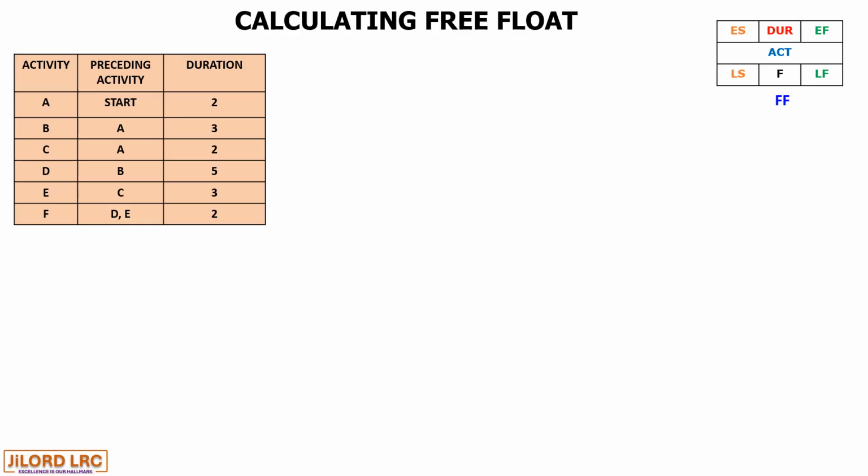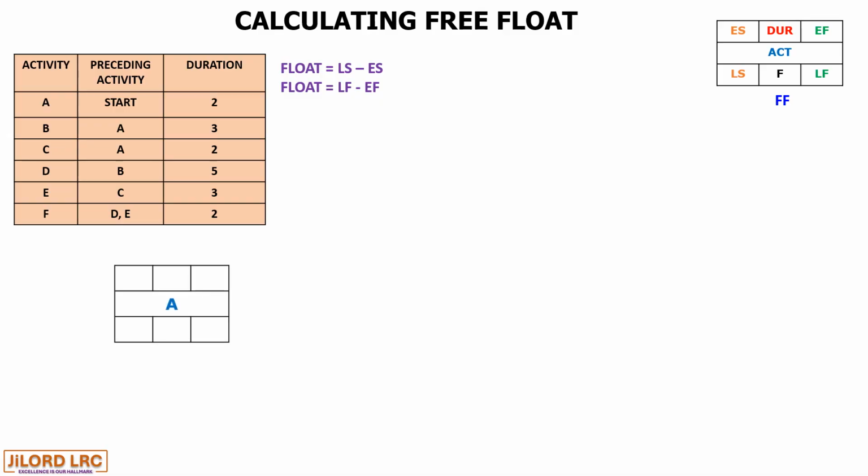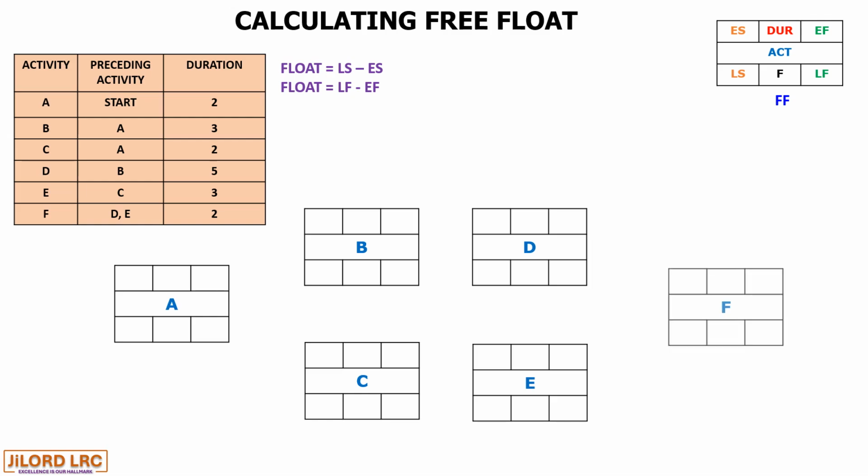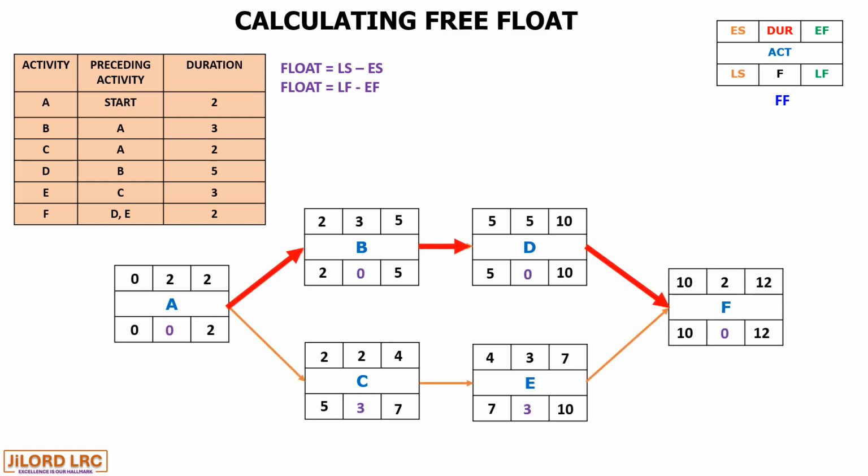And we also recall that float is a result of late start minus early start, or late finish minus earliest finish. So let's draw the precedent diagram. A, B, C, D, E, and F with the relationships and all the values as indicated.